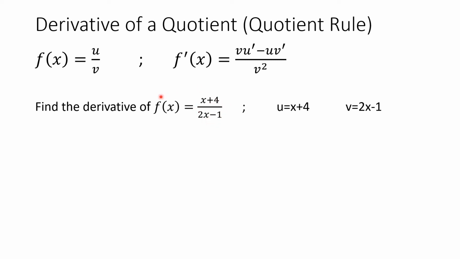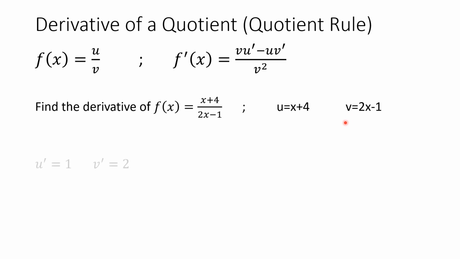So this is our function, which is actually a rational function. When we say rational function, we have a function that is in fraction where both numerator and denominator are polynomials. So we are asked to get the derivative of this f of x, and our numerator, our u, is x plus 4, and our v is 2x minus 1.